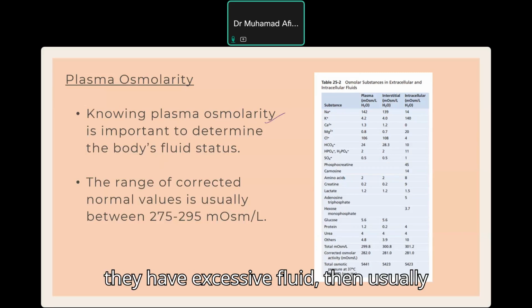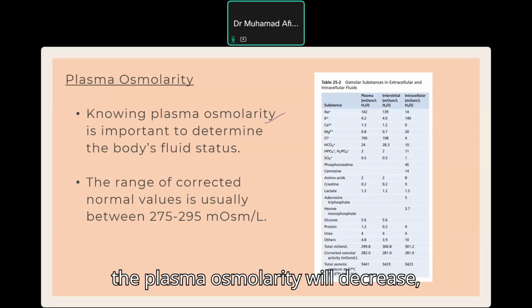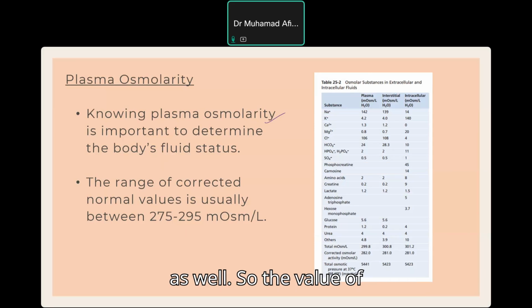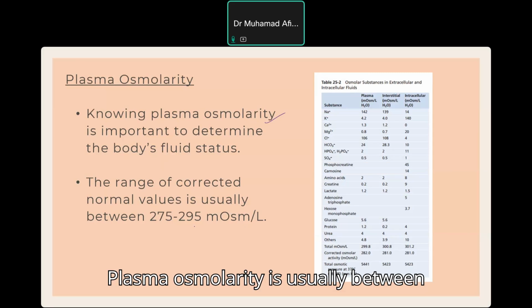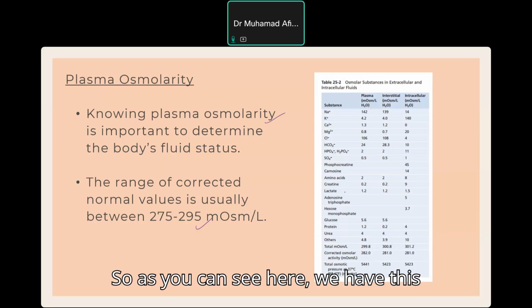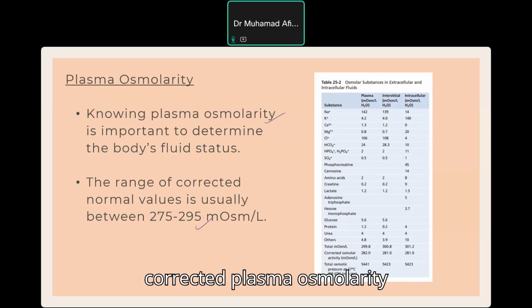If they have excessive fluid, usually the plasma osmolarity will decrease, although there are other cases as well. The value of plasma osmolarity is usually between 275 and 295. As you can see here, we have this corrected plasma osmolarity value.